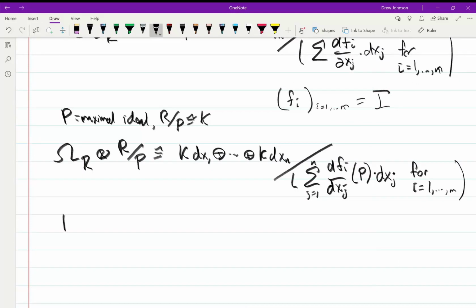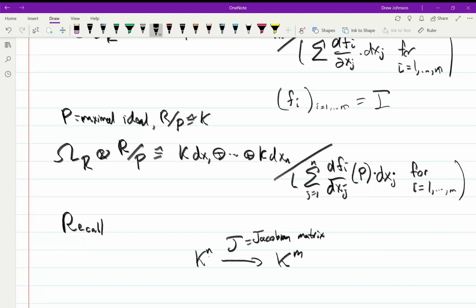So let's recall before, so you can look back at the proof. I think it's back in chapter 10 maybe. We had the Jacobian matrix. So J is the Jacobian matrix. It's just a matrix of partial derivatives. And you could think of it as mapping Kn to Km, where n is the number of variables.